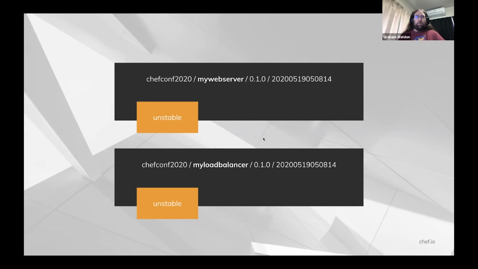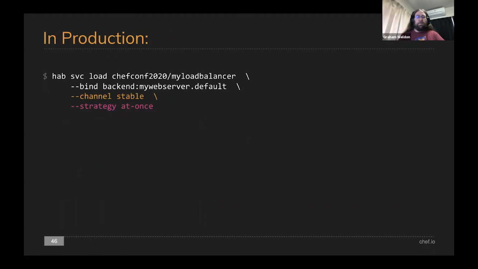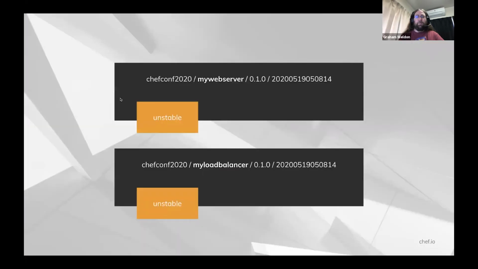Now, when we ran our services, and I'll step back here a little bit, you can see that we had the load balancer listening to the unstable channel, the web server listening to the unstable channel, the load balancer is listening to stable. So once the packages are uploaded, we'll need to promote the load balancer to the stable channel for it to be updated on supervisors that are actually running that package.